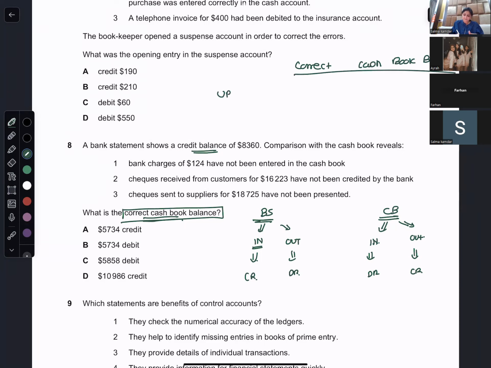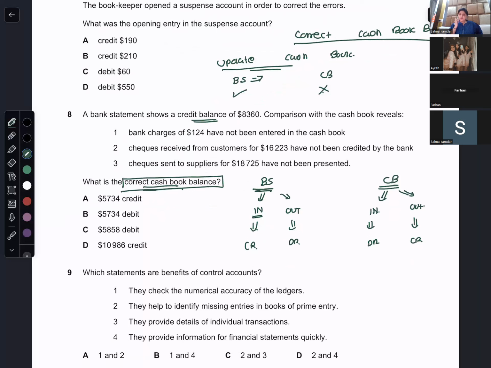If I update the cash book, I will update it with what things? You'll update it with the following information: bank charges, things which are done in the bank statement but not done in the cash book. Remember, you update the cash book only with this.